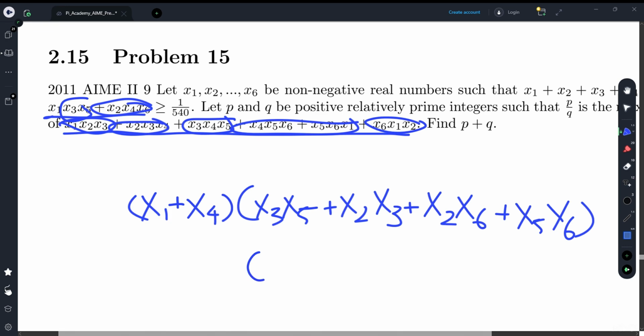We can factor this even more as x2 plus x5 times x3 plus x6.